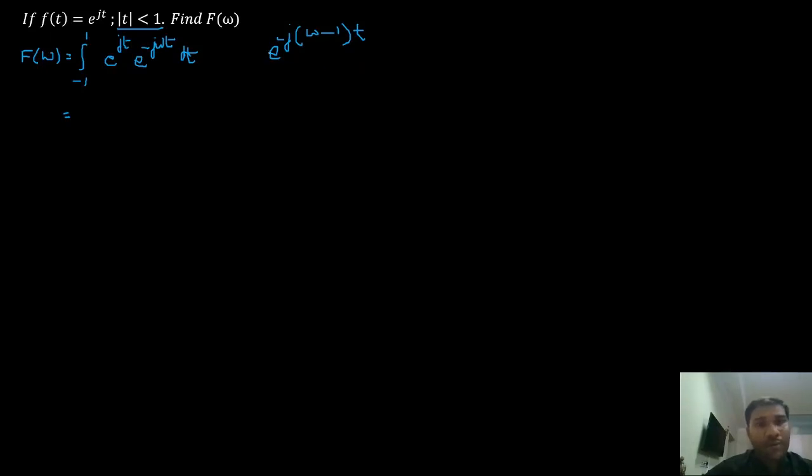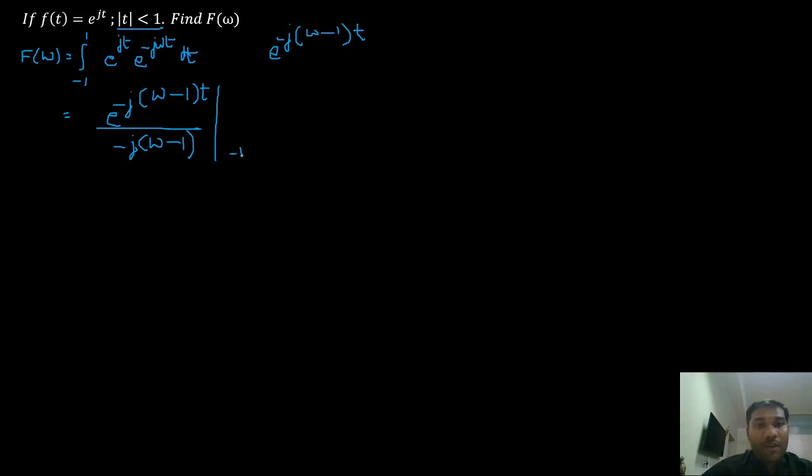Now if I integrate this, I will get e power minus j omega minus 1 into t divided by minus j into omega minus 1.